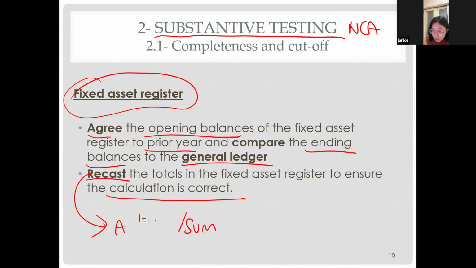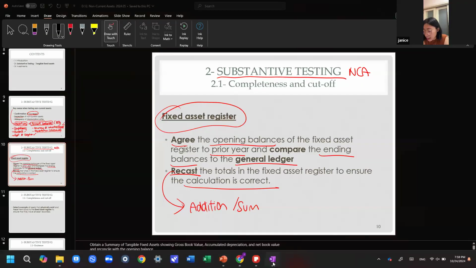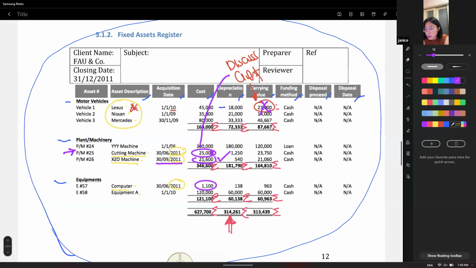So what do I mean here? This is what we did, right? When we have our case study here, we did the sum, right? The sum here that we do, we call that recast. We add it all together to make sure the calculation is correct. And what is the other thing we did?